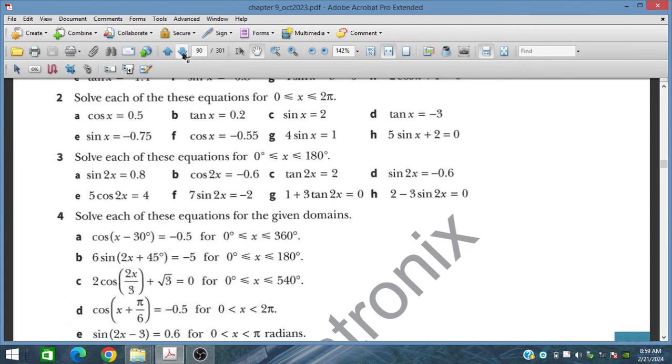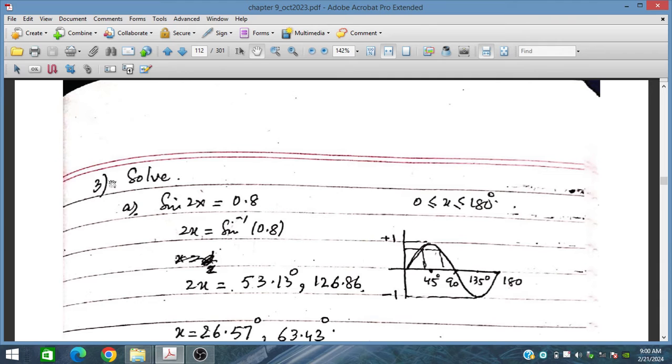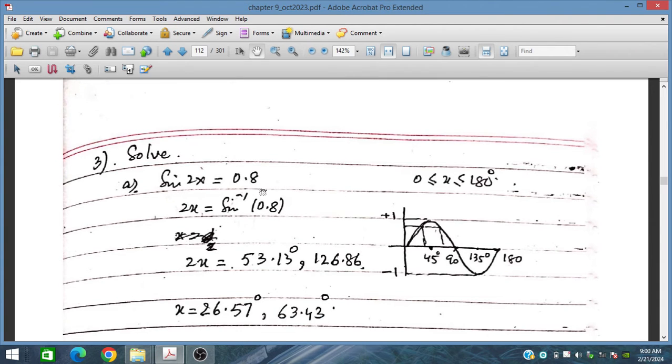So this is question number 3. Sin 2x is equal to 0.8. So 2x is sine inverse of 0.8, and we have to draw it from 0 to 180 degrees. From 0 to 180 degrees, the inverse of 0.8 is in the first and second quadrant, and we have 53.13 and 126.86.